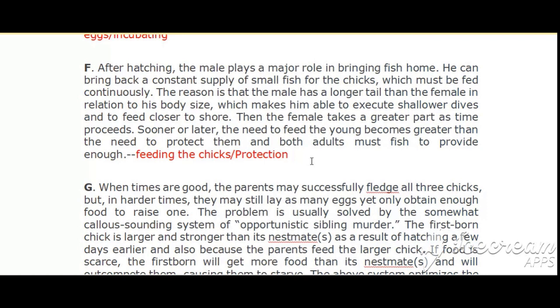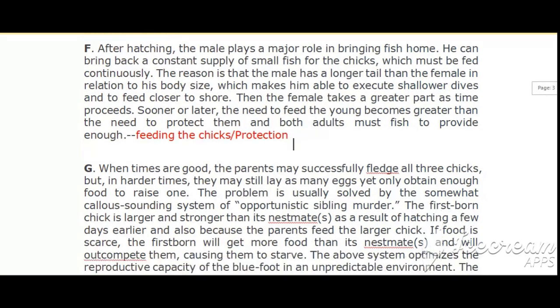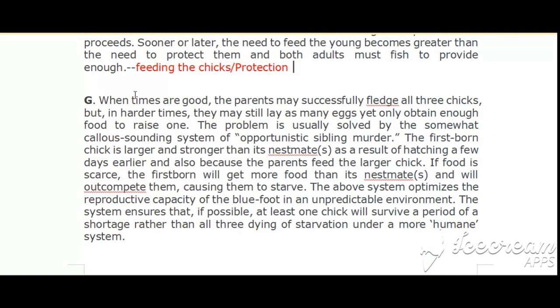All right, so now let's move to the next. When times are good, the parents may successfully fledge all three chicks, but in harder times they may still lay as many eggs but only obtain enough food to raise one. So from here we get to know that there is a shortage of food. And the problem is usually solved by a somewhat gruesome system of sibling murder.